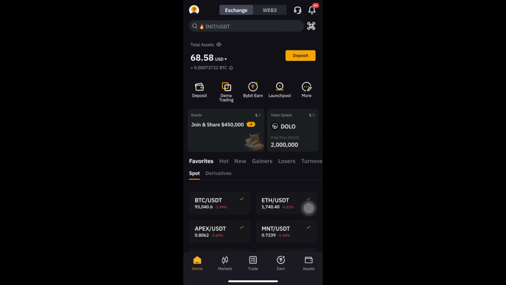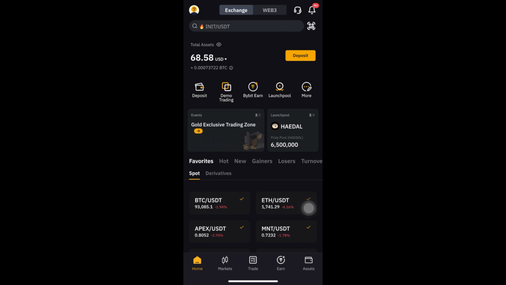So if you're new to P2P trading or crypto trading, after registering on Bybit, I will leave my Bybit referral link over there so you can join and sign up. After registering on the Bybit wallet, you have to verify everything.